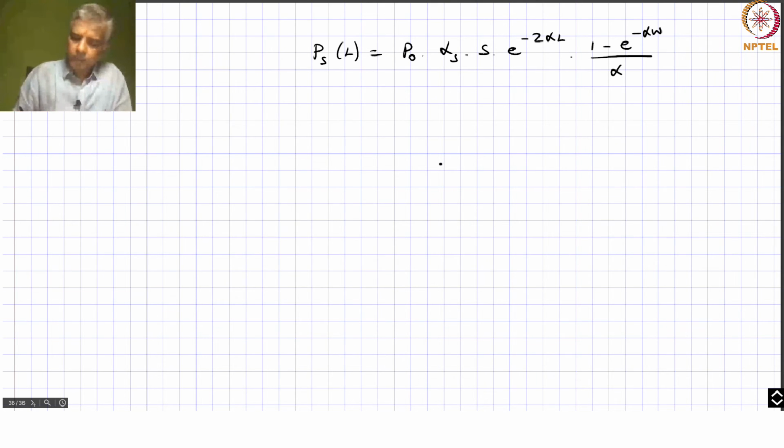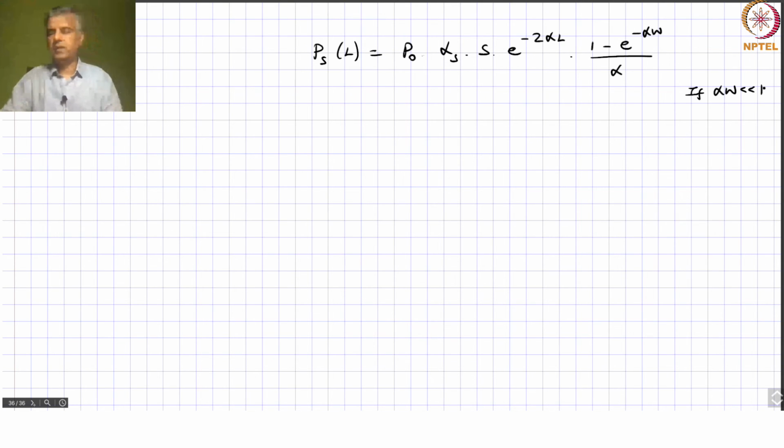Okay, now if we consider the case of just this factor, if alpha times W is far less than 1, or in other words your sampling W corresponds to the pulse width, right?